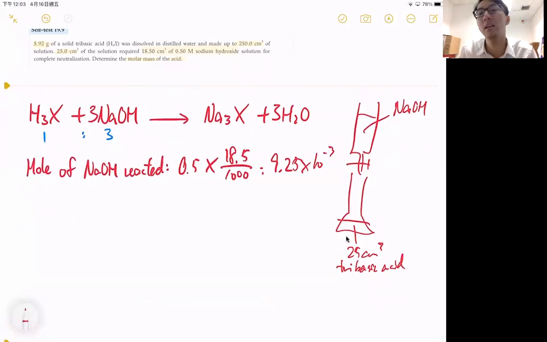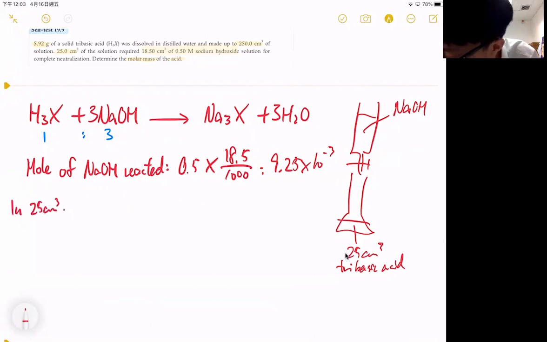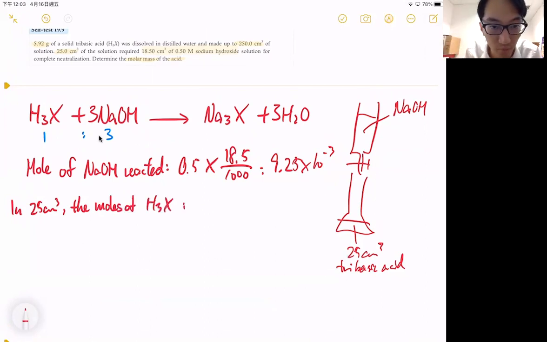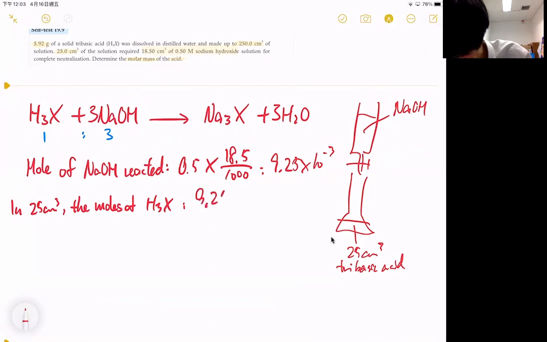This means that we use this number of moles of sodium hydroxide to react with the tribasic acid in 25 cm³. So in 25 cm³, the number of moles of the tribasic acid will be, since the ratio is 1 to 3, the number of moles of H3X inside 25 cm³ will be 9.25 times 10 to the power of negative 3 divided by 3.